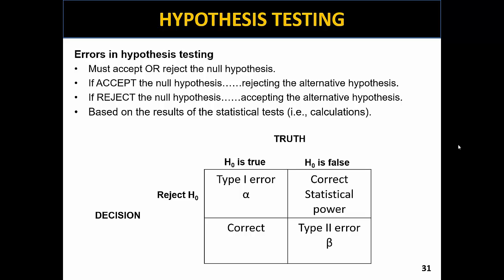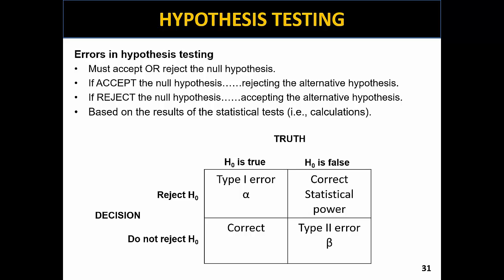Now, when we conduct the statistical tests on a sample of that population, if we reject the null hypothesis when in fact it is false, then we are making a correct decision. That is something referred to as statistical power, the ability of the statistical test to detect a difference between two groups when it truly exists.